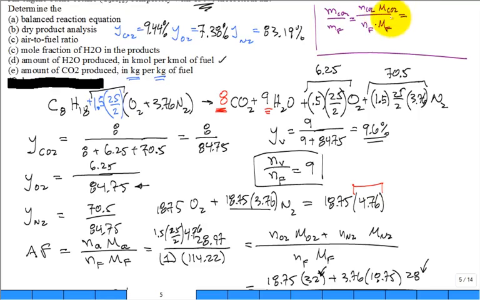Now we go to our standard reaction equation. For 1 kilomole of fuel, that fuel has a molar mass of, I forgot it already, 114.22. How many moles of CO2? 8. And then I have to look up or remember the molar mass of CO2, 44.01. And so the mass of CO2 produced per mass of fuel is equal to 3.08.